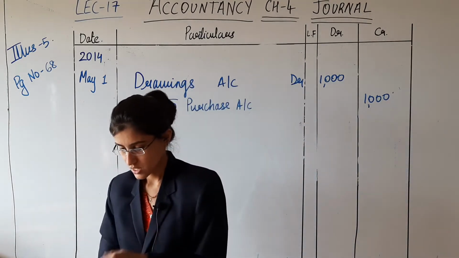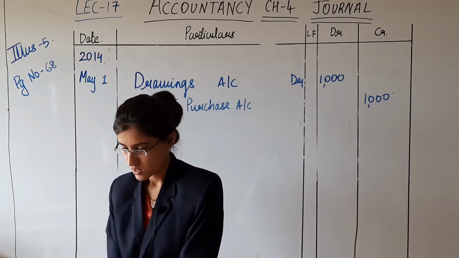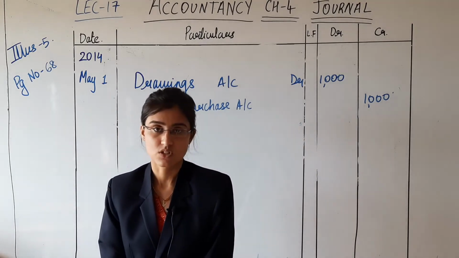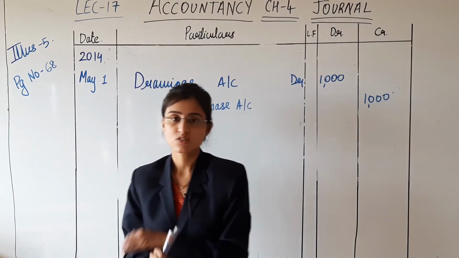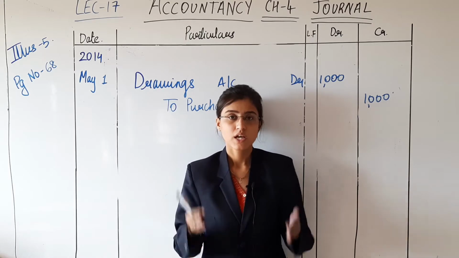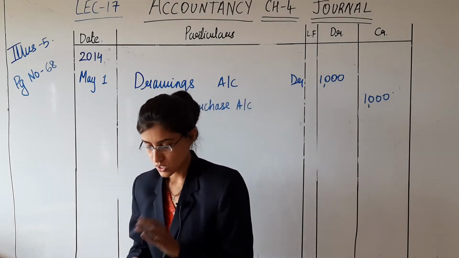Then the next transaction on 8th of May, goods stolen received back of rupees 100 on police investigation. So in this case you are going to write down completely reverse journal entry. If goods are stolen, your journal entry is loss on goods stolen to purchase.